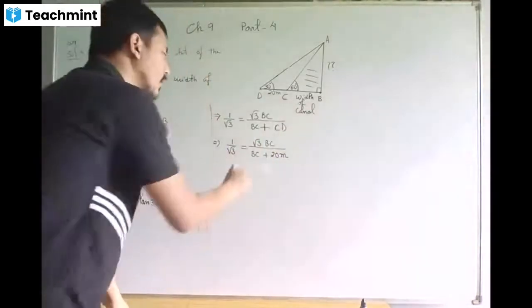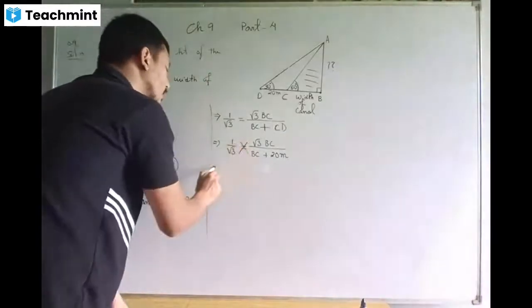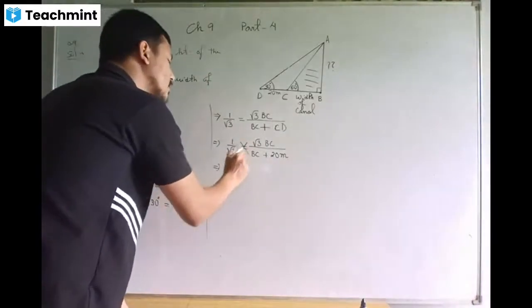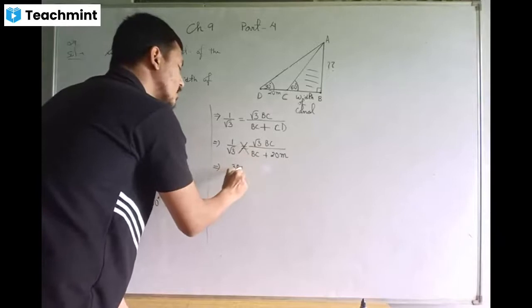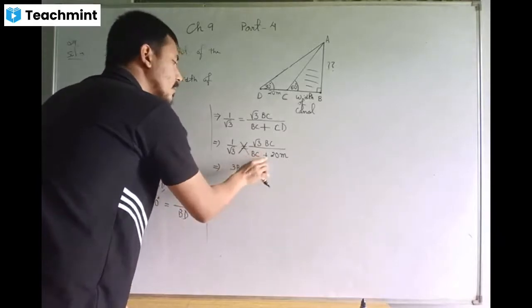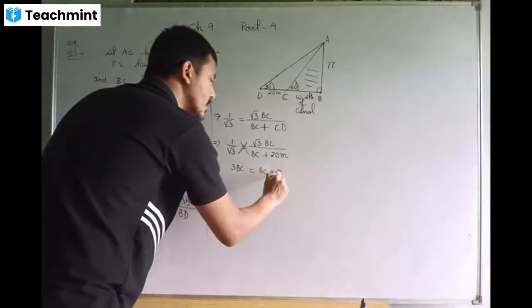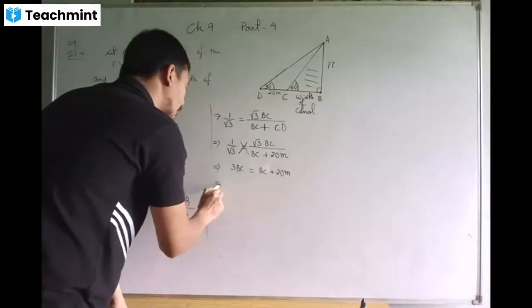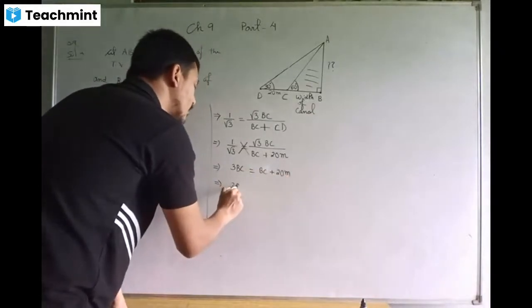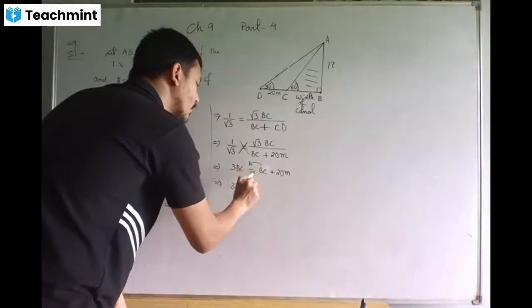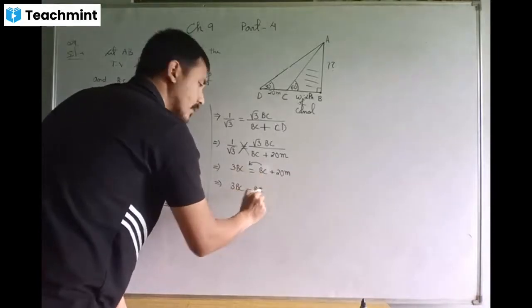Okay? Now if you cross multiply, square root of 3 times square root of 3 is 3 times BC, and on the other side, BC plus 20 meters into 1. Now this is 3 BC, and then we have minus BC.